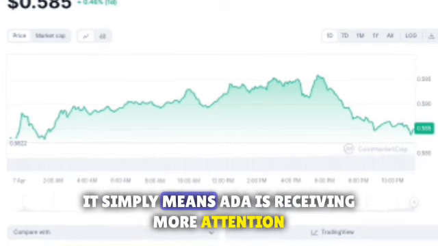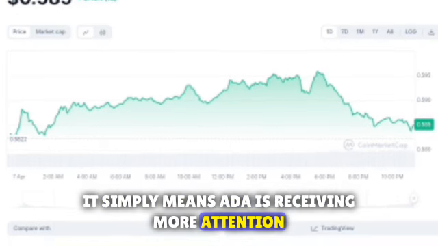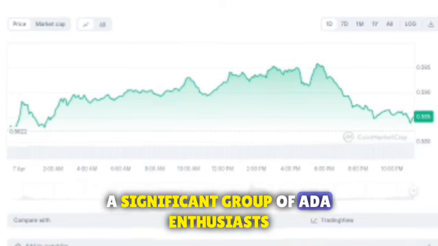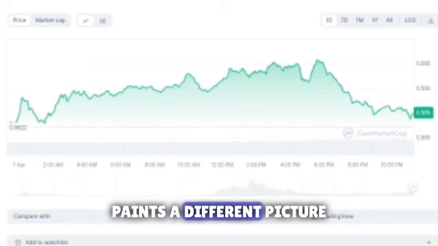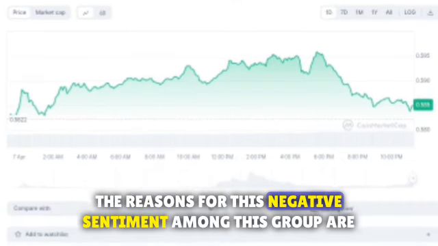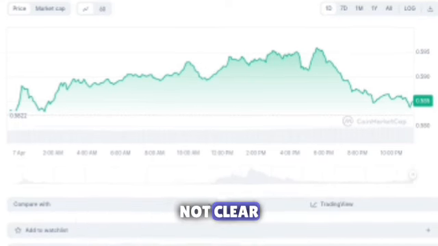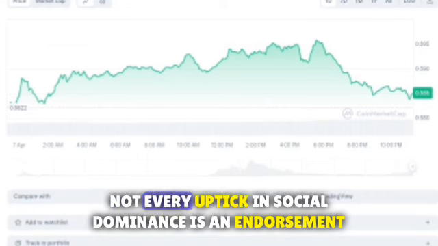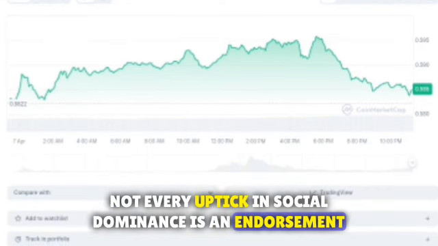It simply means ADA is receiving more attention. On the other hand, the data from X followers, a significant group of ADA enthusiasts, paints a different picture. They present a less than rosy outlook. The reasons for this negative sentiment among this group are not clear, but it's a reminder that, in the volatile world of crypto, not every uptick in social dominance is an endorsement.